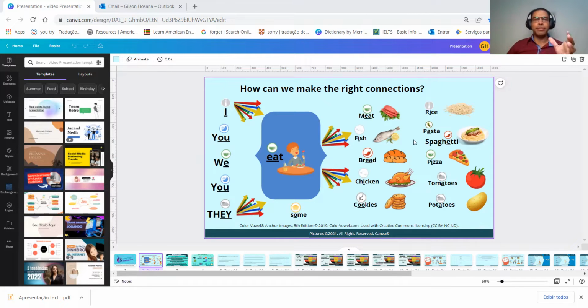And here are a few examples of how I use the images. I make picture dictionary pages like this, or like this one here. This is one way that I use these images, and I inform the learners on my graphic how these words sound, and so they can make sentences like this.